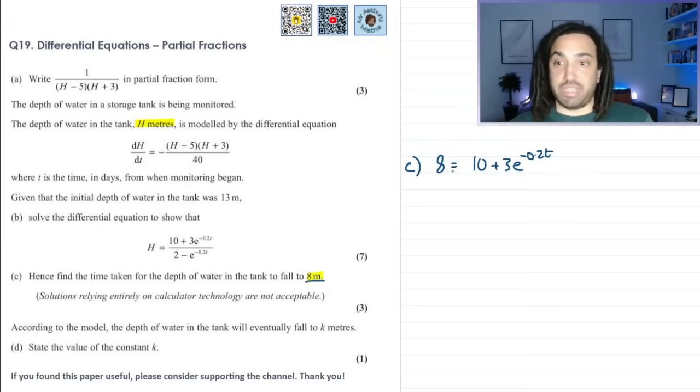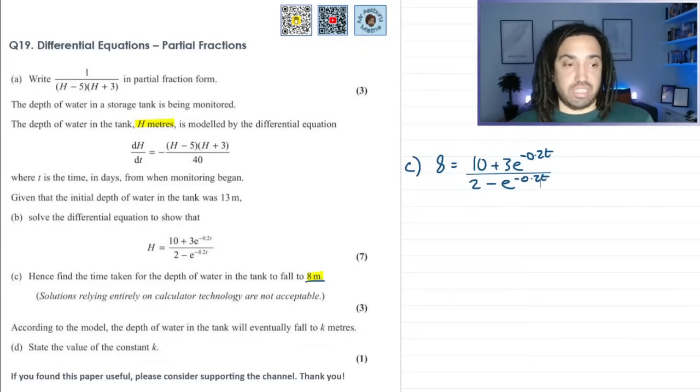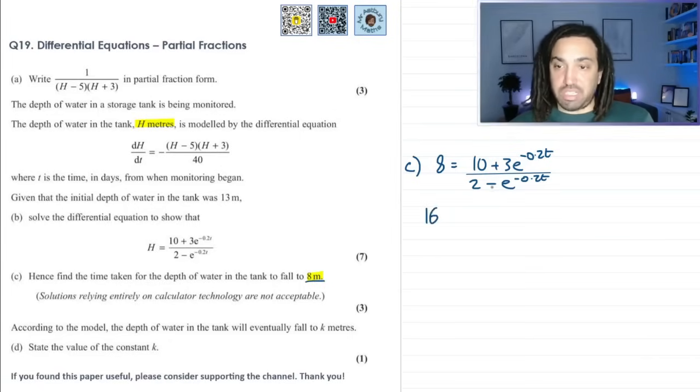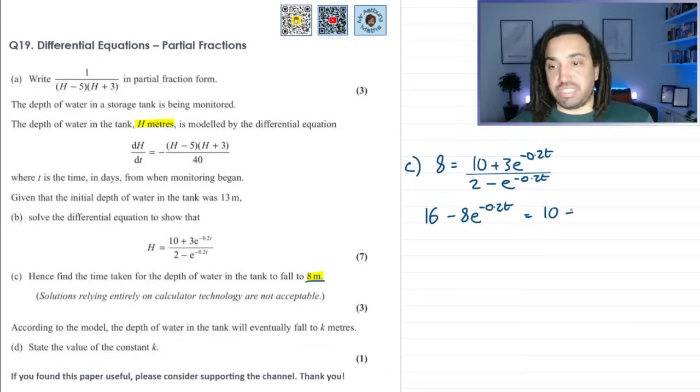Oh, you are kidding me. So now we need to rearrange to make t the subject. Oh, this is going to take ages. Okay, so we kind of have to do exactly the same skill as we've just done, and that is to multiply up the denominator, like so. In fact, actually, this is not going to be as difficult, is it? This is fine. Okay, no, it's all good.